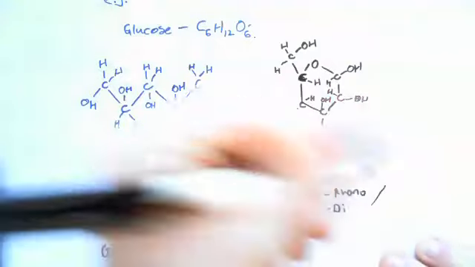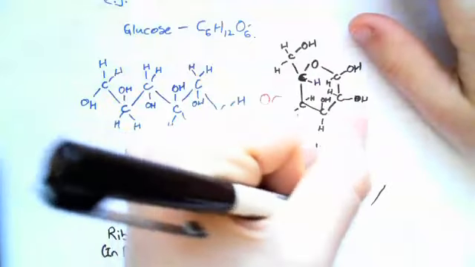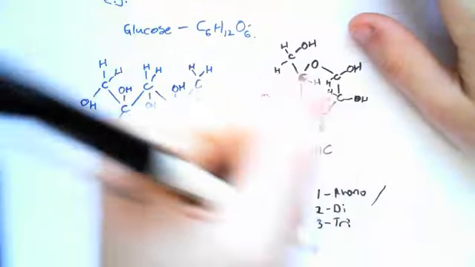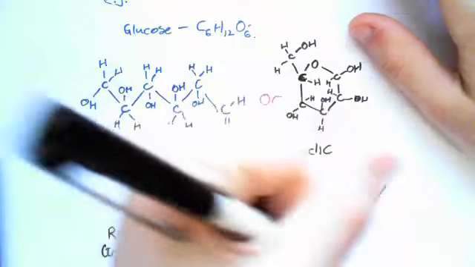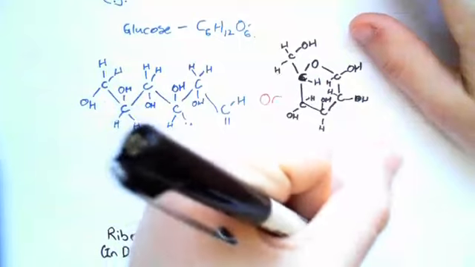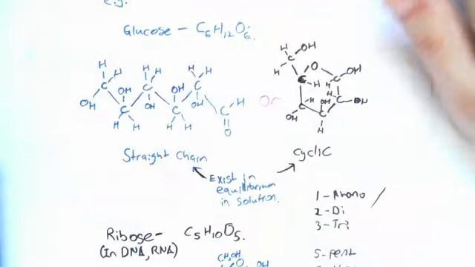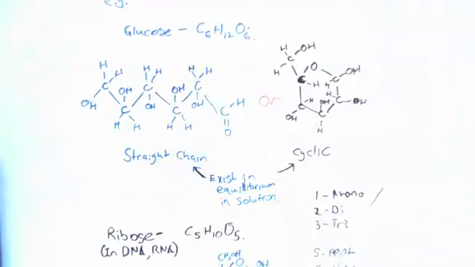You don't really see those in carbohydrates, but the common ones you see are 3, tri, 5, pent, 6, hex, and the root to identify a carbohydrate is ose.